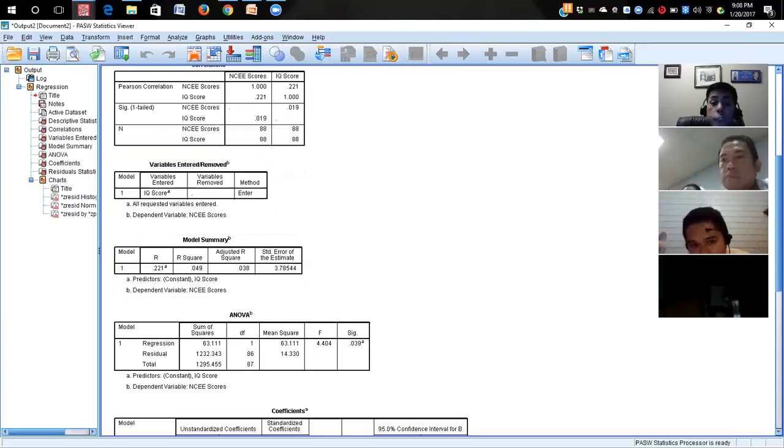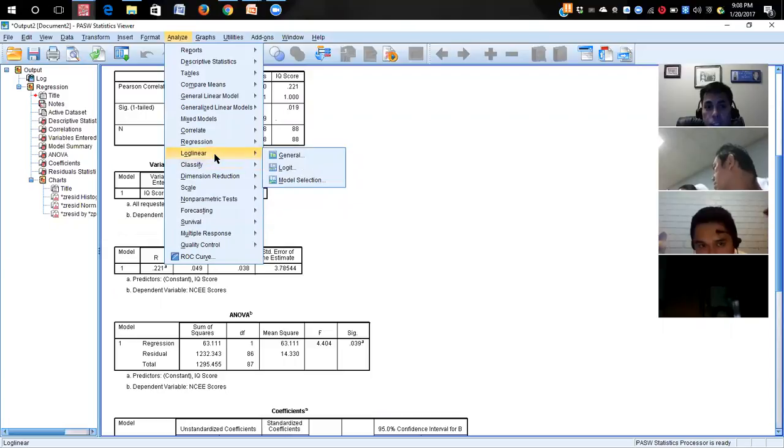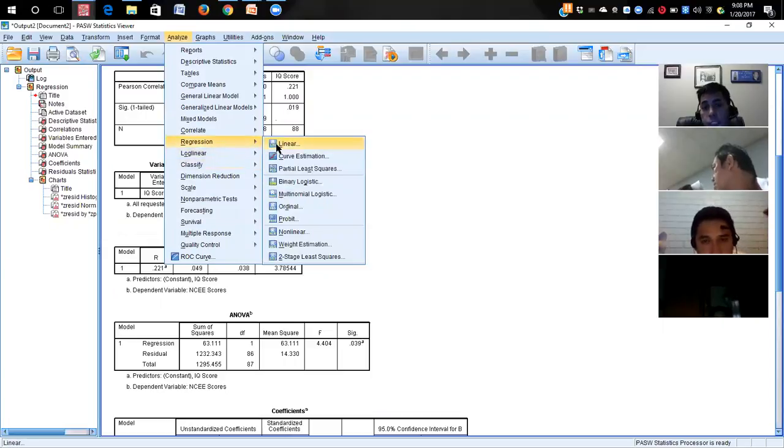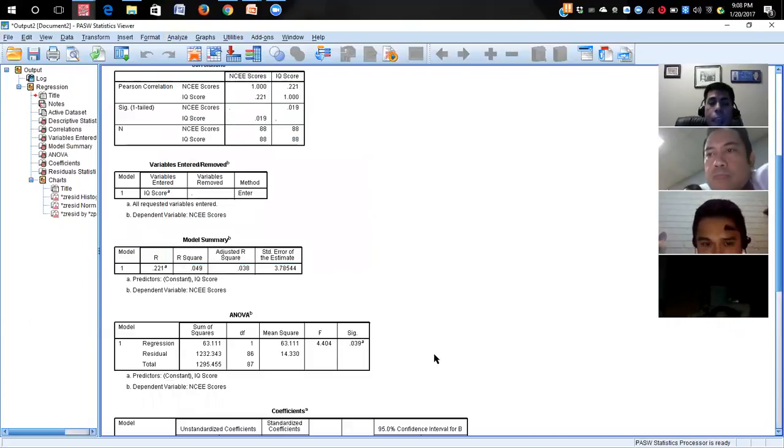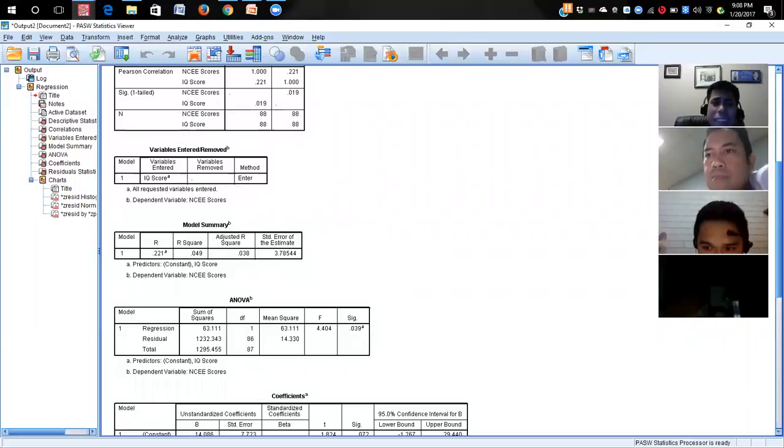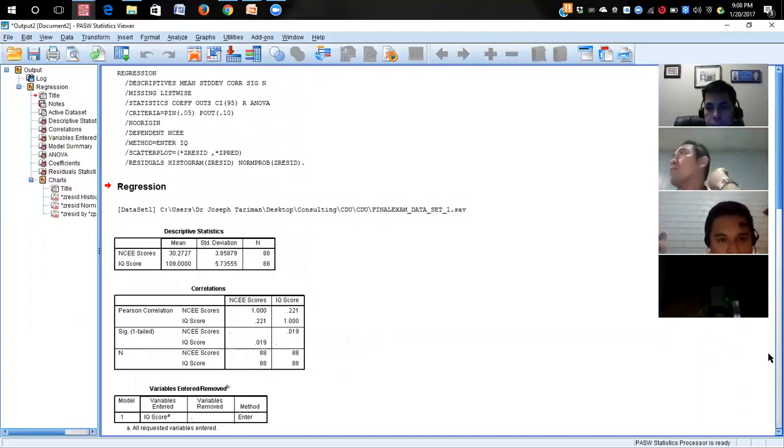And we are using linear, because remember when we click here, analyze, and we say regression, I choose linear. So we are using a linear regression model, and we are using the mean score of the NCE as our parameter, as our dependent variable. So if the mean score of NCE is 30.27.